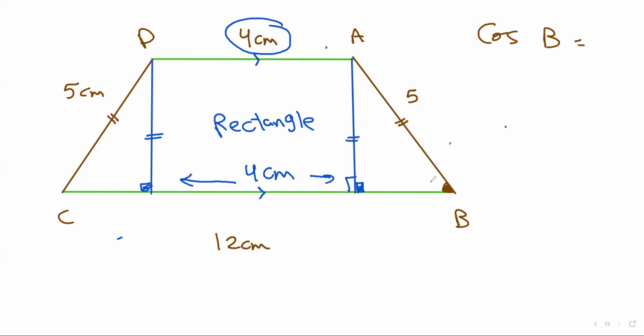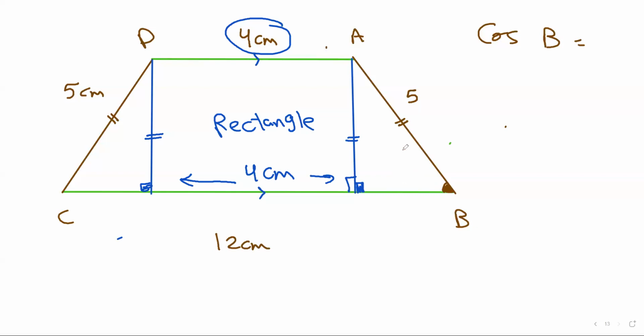And here, the two triangles here are congruent. Do you know? This triangle and this triangle. They are two congruent triangles. Why are they congruent triangles?